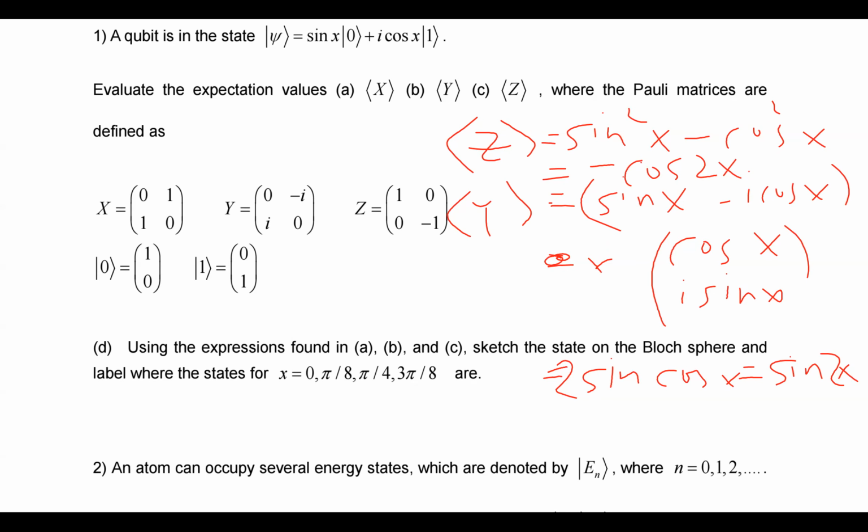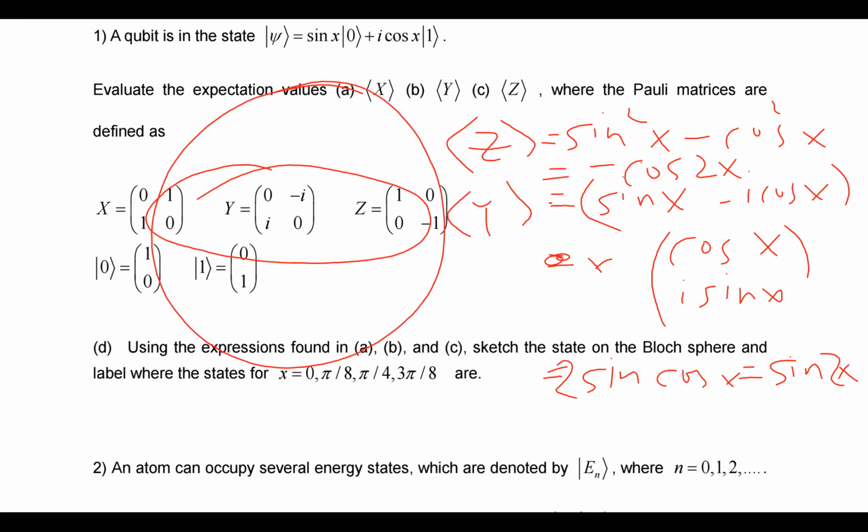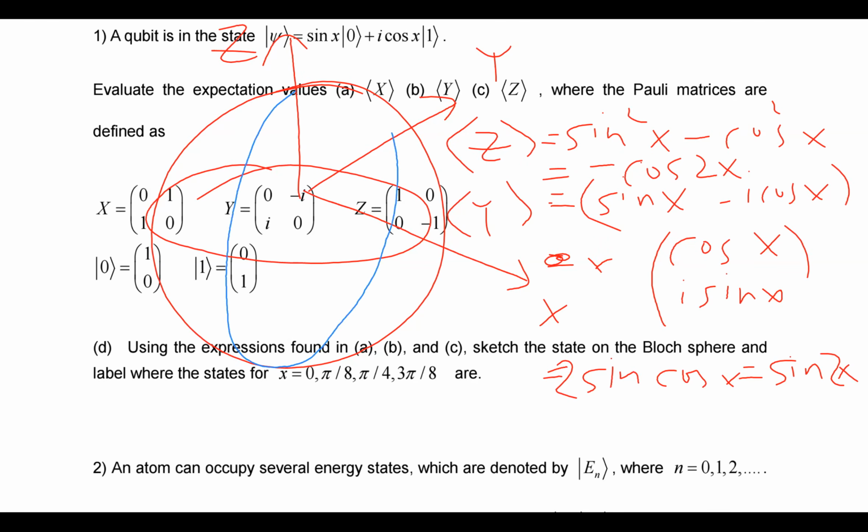And so what this already tells you is that, because the expectation value of X was 0, when you plot this, this is Z, and then this is, say, X, and this way is Y. So because X was actually 0, it's somewhere on this circle, which is in the ZY plane, because Z and Y are non-zero.